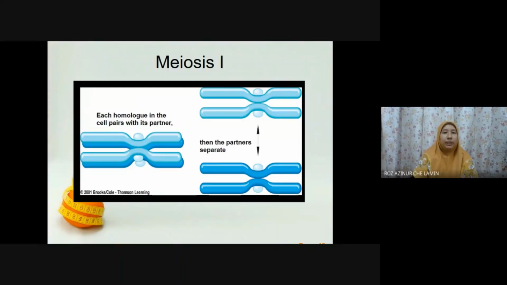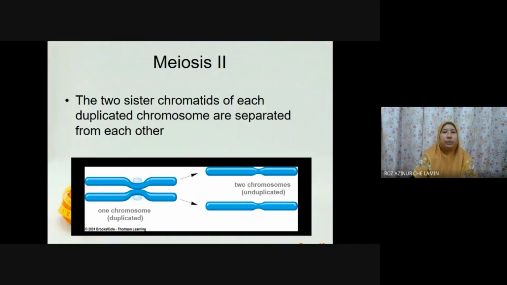Basically, each homolog in the cell is separated from its partner. During meiosis 2, the two sister chromatids of each duplicated chromosome are separated from each other, which involves the centromere division.